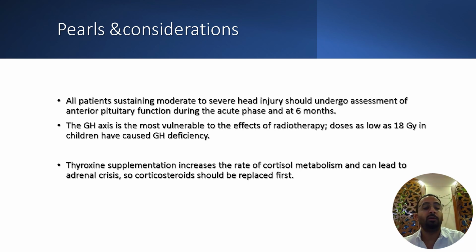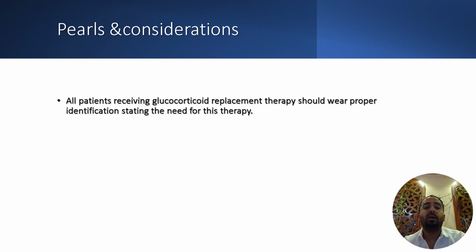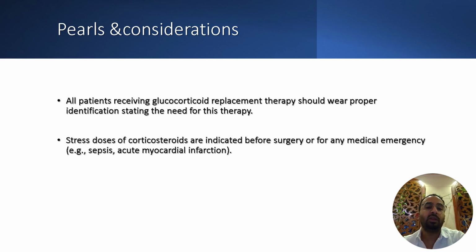with hydrocortisone or prednisone. All patients receiving glucocorticoid, whether for primary or secondary adrenal insufficiency, should wear proper identification stating that the patient has a diagnosis of hypopituitarism or hypoadrenalism, that they are on replacement therapy, and the emergency treatment that needs to be given in stressful conditions, just like the medical card info that I showed you.